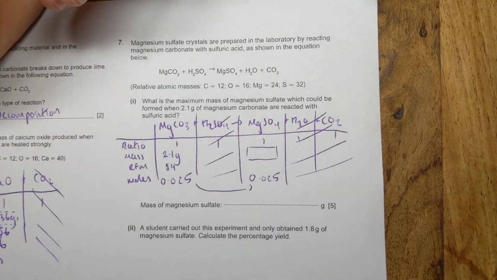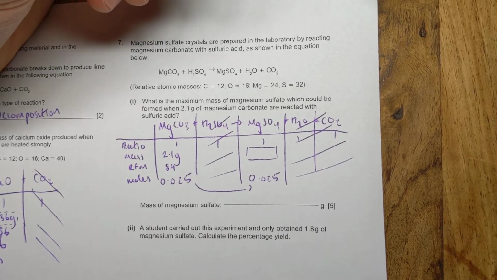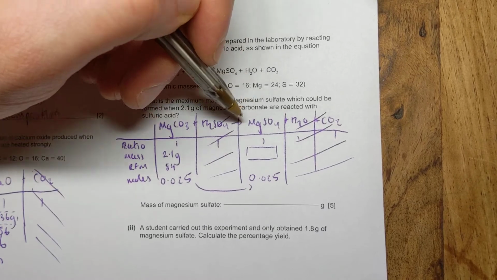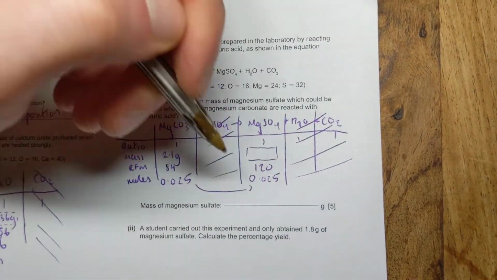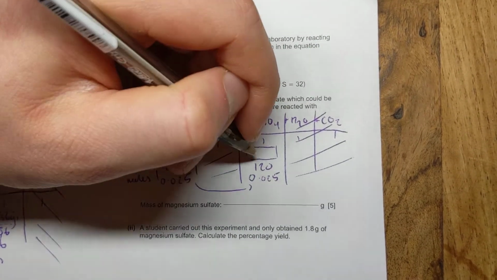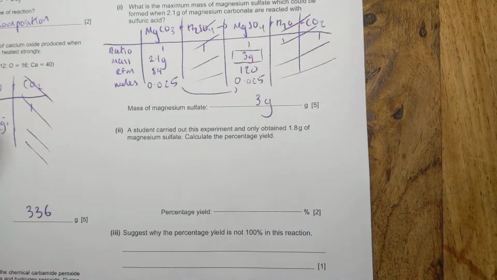Need to make that back into a mass. Need to times it by the RFM, but I need to calculate the RFM. 24 plus 32 plus 4 16s adds up to an RFM of 120. 0.025 times 120 gives me a mass of 3 grams. Final answer.